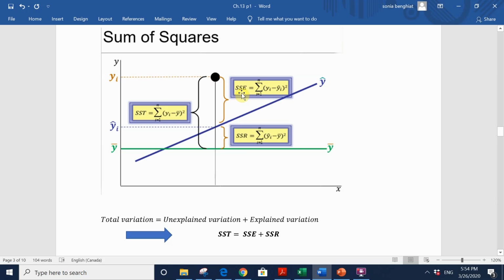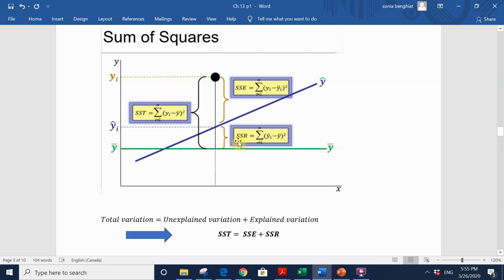Somewhere in between these two lines, the regression line and the very basic benchmark Y bar line, lies a component which we call the sum of squares of the explained variation, or SSR.